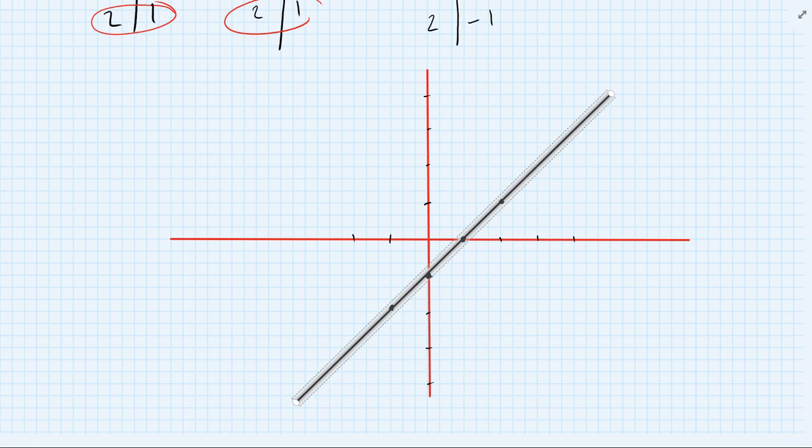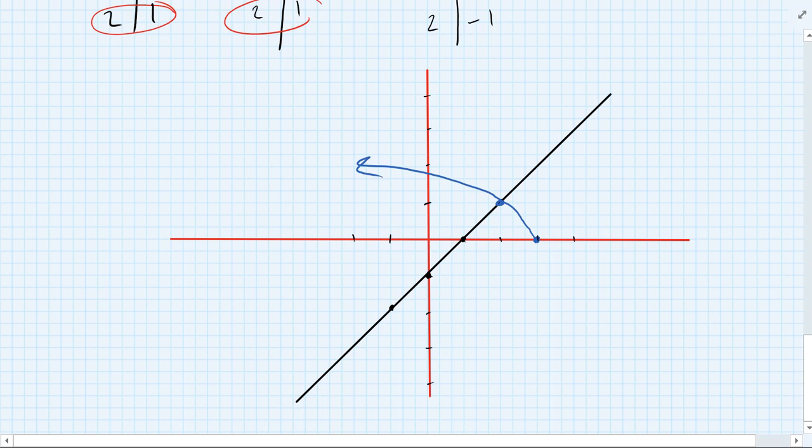And now I'm going to graph g of x, which is the upper one. The points that I can graph that are nice are 3, 0 and 2, 1. So it goes up like this.